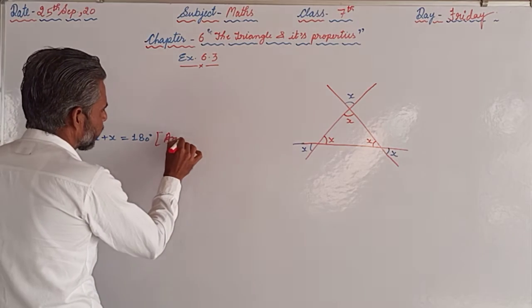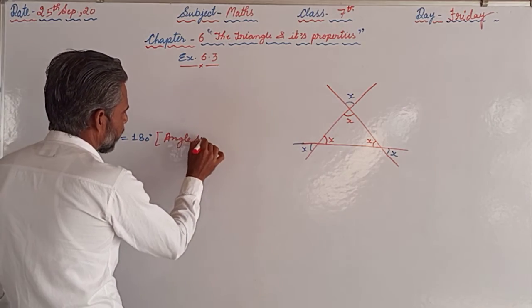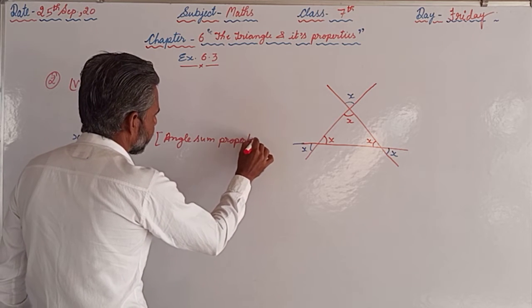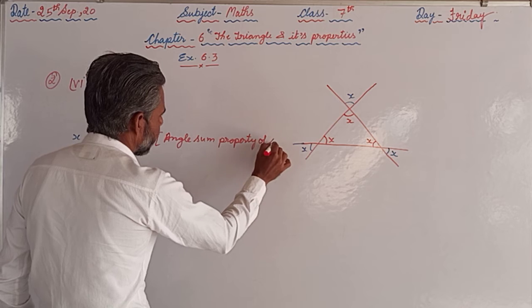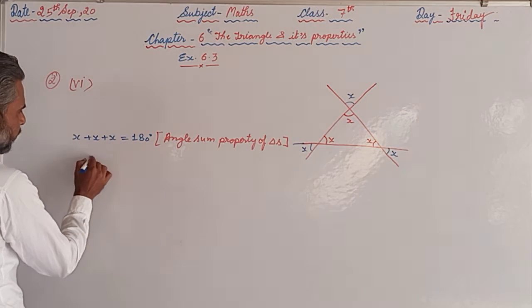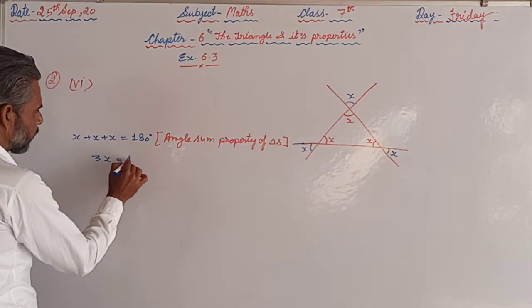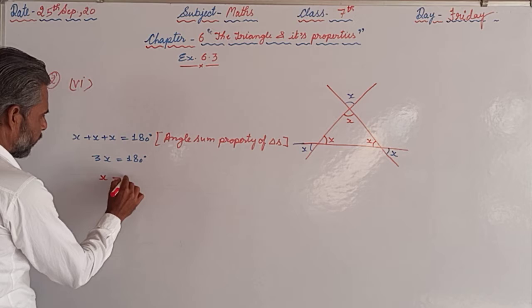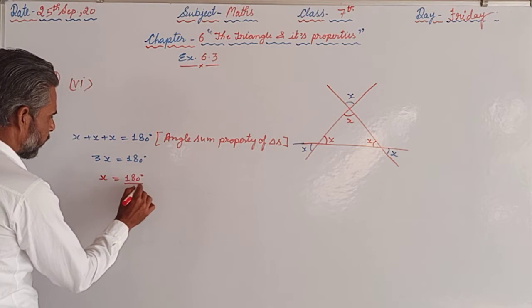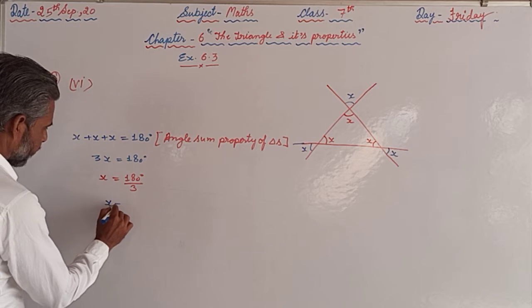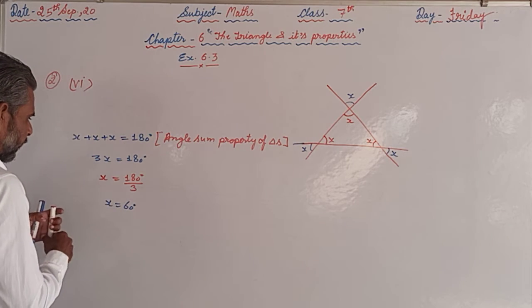Angle sum property of triangles. x plus x plus x, 3x is equal to 180 degree, and x will be equal to 180 degree upon 3, and after calculation we will find x is equal to 60 degree.